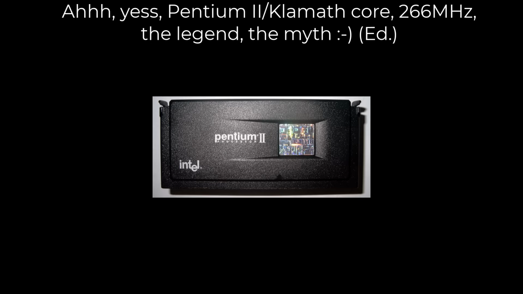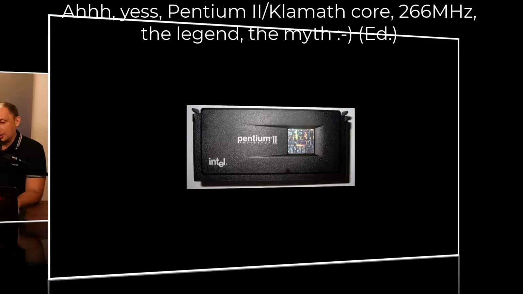And my father got me a way better machine a year after that, which was based around the beast called Pentium 2. This was the latest gen that you could buy in Croatia, at least back then. It was the 266 megahertz version of it, Slot 1. One of our favorite sockets that ever existed in the history of computers.